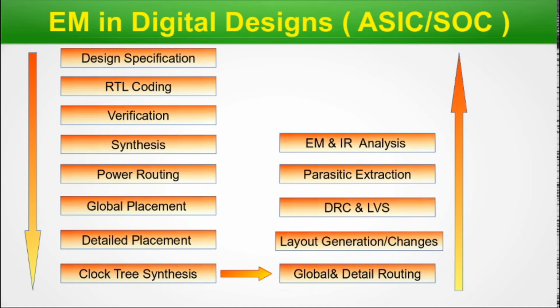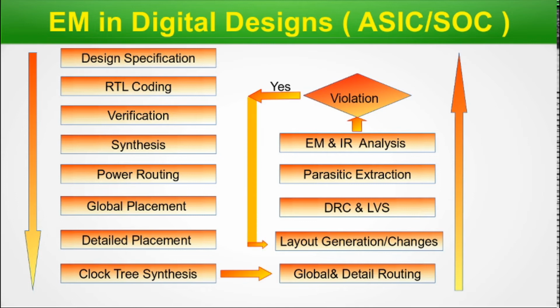At this stage the EM and IR analysis is done. If a violation is reported, we go back to layout generation or changes. This continues until all violations are corrected. Once there is no violation, we go to the next steps.